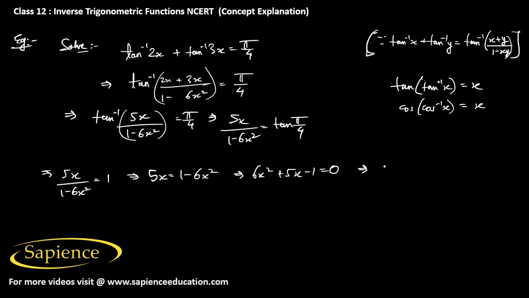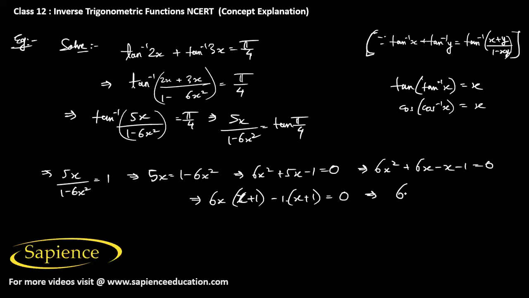It means that 6x square plus 6x minus x minus 1 is equal to 0. Then we can take 6x common. So this will be 6x into x plus 1 minus 1 into x plus 1 is equal to 0. Therefore 6x minus 1 into x plus 1 is equal to 0.